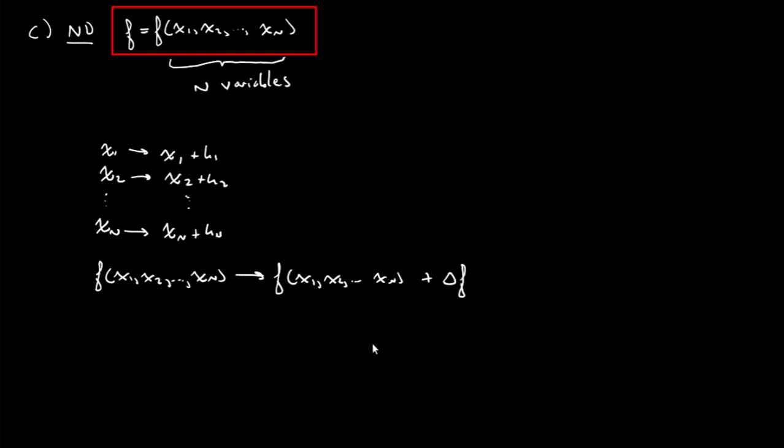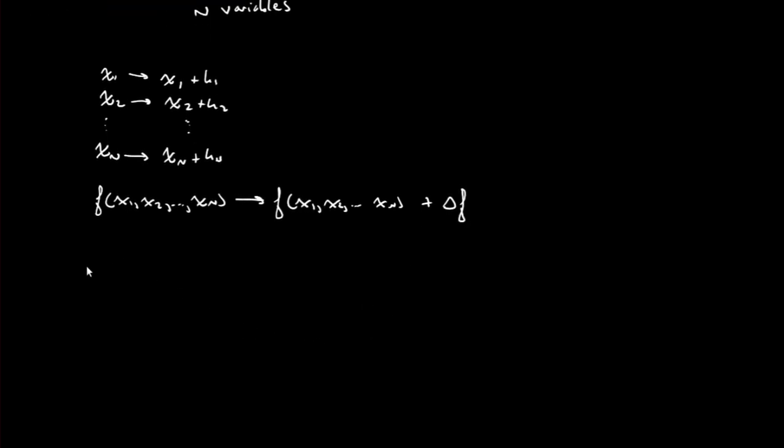And this delta f is what we're trying to investigate because delta f is going to be our change. So delta f is going to be the end minus the beginning.